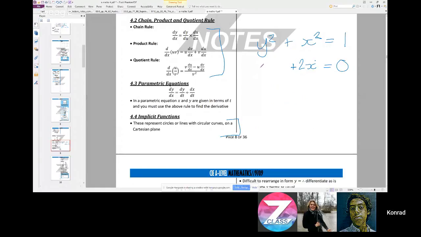So differentiating squared, we just get 2y. And then we multiply by differentiating the inner function. But the inner function here is just y. And what do we get? Shit, threw my pen at myself there. What do we get when we differentiate y with respect to x? dy over dx. Yeah.